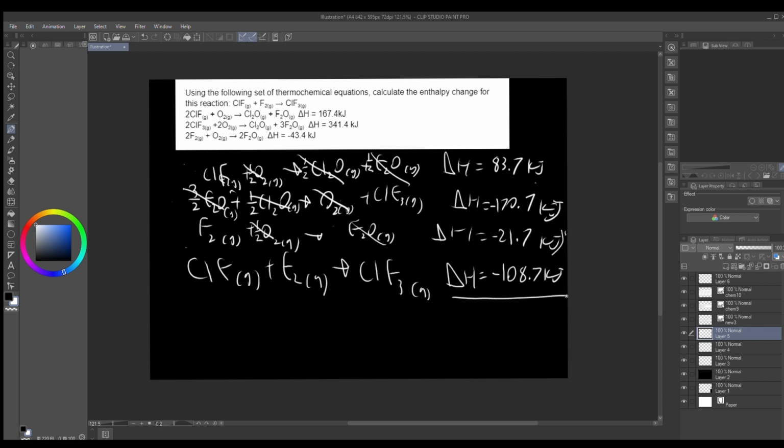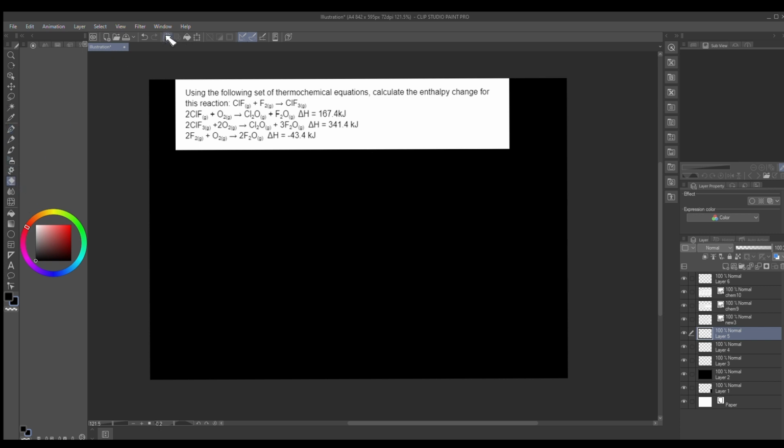And so this will be your final answer. So that means that for this set of thermochemical equations, the enthalpy change for this reaction will be this value right here. And so that was just a bit of Hess's law.